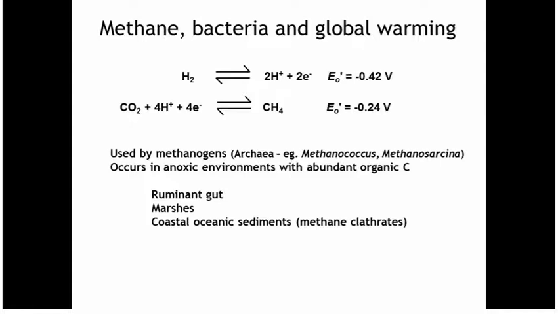And the big problem is if the temperature goes up by a few degrees, then all of the methane that's sequestered under the ocean here is going to be released. And that could be a really big problem because methane is 25 to 30 times more powerful than carbon dioxide as a greenhouse gas. So this is going to be one of the potential tipping points where if the temperature rises enough to release all these methane clathrates, then it's going to exacerbate the problem and accelerate the warming.